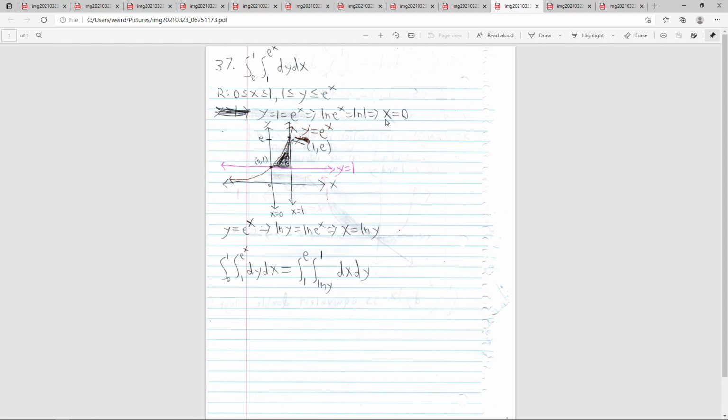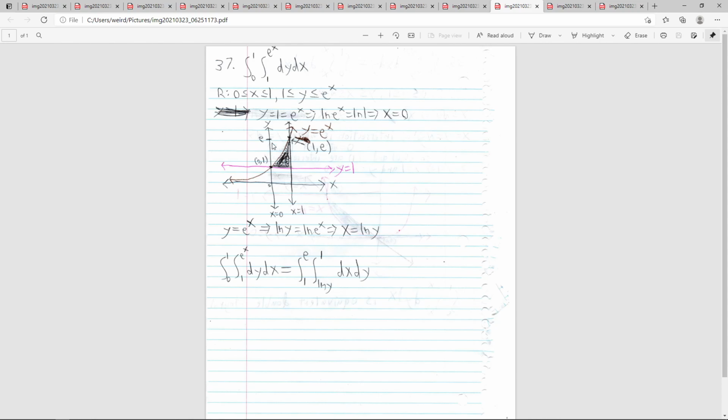Because ln 1 is 0. ln e to the x is x. So y equals 1 and they'll intersect at one point. Then y equals e to the x at point x equals 1. So x equals 0 will be 1, y equals e to the x, and x equals 1 will be e, because e to the 1 will be e.